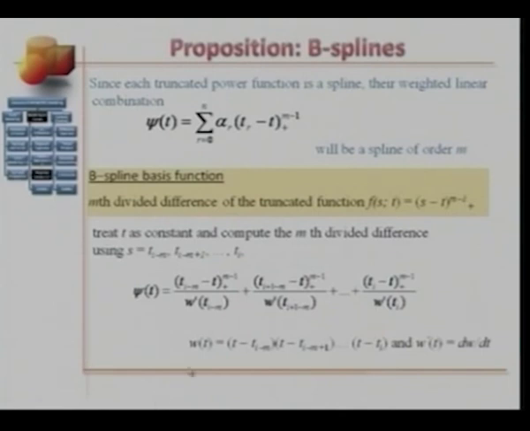Here w is the product of (t minus t_(i minus m)), (t minus t_(i minus m plus 1)), and so on up till (t minus t_i), and w prime is the first derivative of w with respect to t.